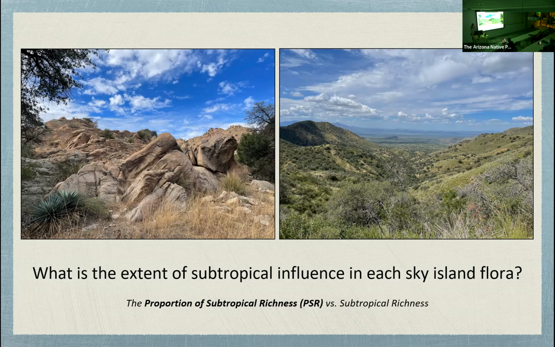It's defined as the ratio of subtropical richness, or the total number of subtropical plants in each Sky Island, in relation to the total known flora. So what percentage of that flora is subtropical? That's what we're really looking at here, so that really big species-rich ranges wouldn't outshadow the smaller ranges that would have pretty significant amounts of subtropical plant influence on them.